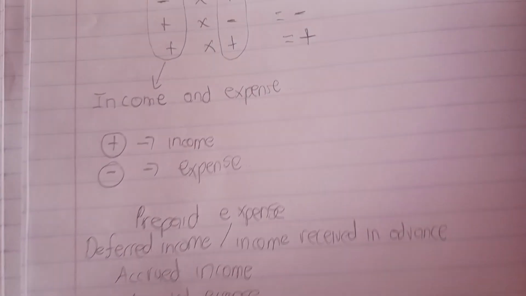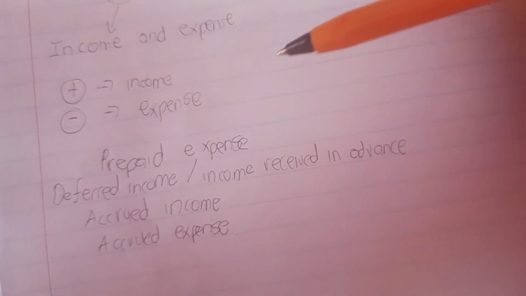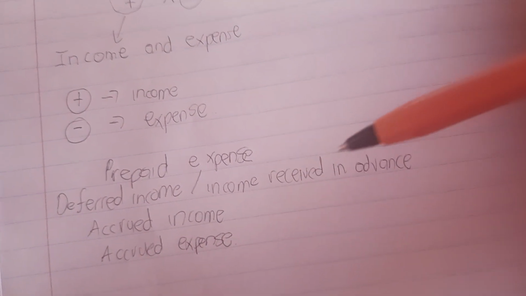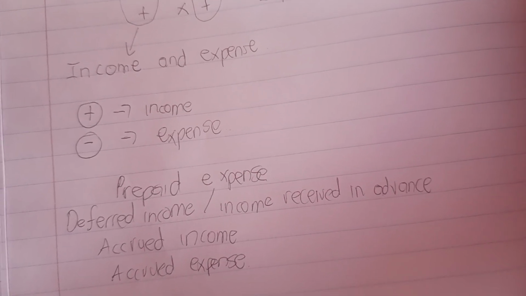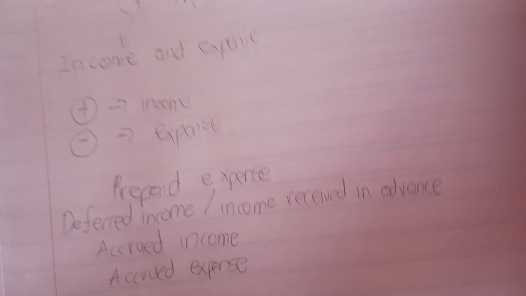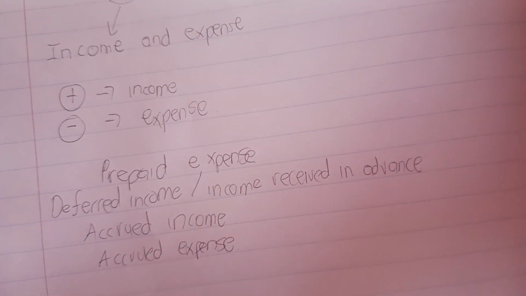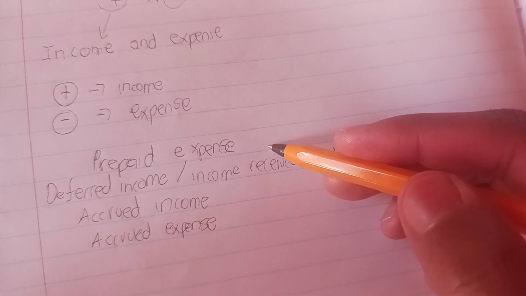So this normally applies to these four items, right? Because the other items, such as your provision for bad debts, adjustments, you would have to just treat it as normal. But then here, this is where you have to be careful.